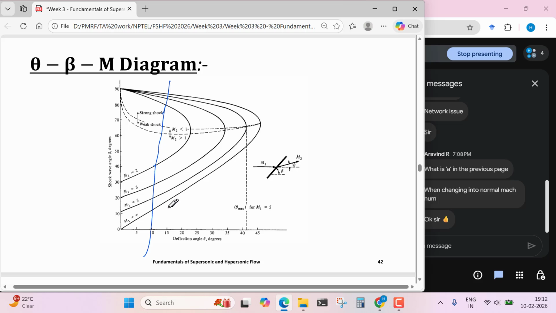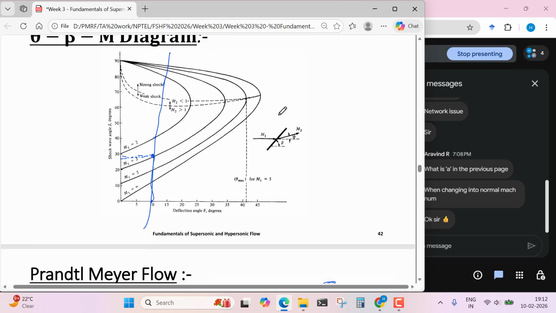Let's say you have to find the shock wave angle for one theta and M value. So take the theta value and go to the Mach number, and take the beta value for that Mach number. Like that you can find the beta, and then use the above steps to find the solution.